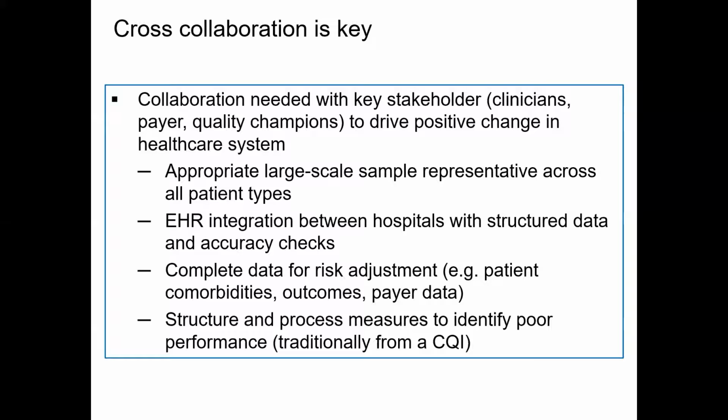Complete data for risk adjustment is also needed. This would include patient comorbidities, outcomes, and payer data. And then it's also imperative that you have structure and process measures to identify performance. This is traditionally done from a CQI perspective.